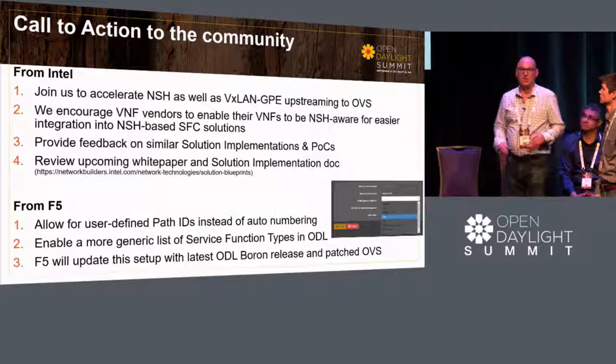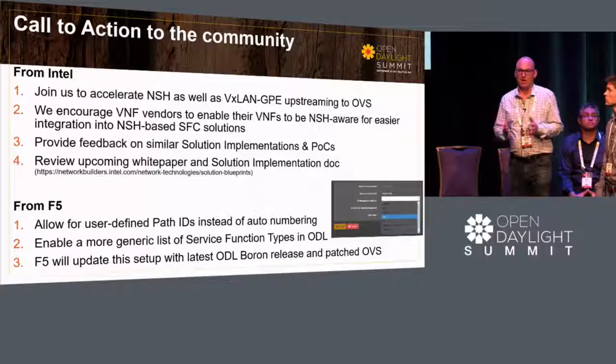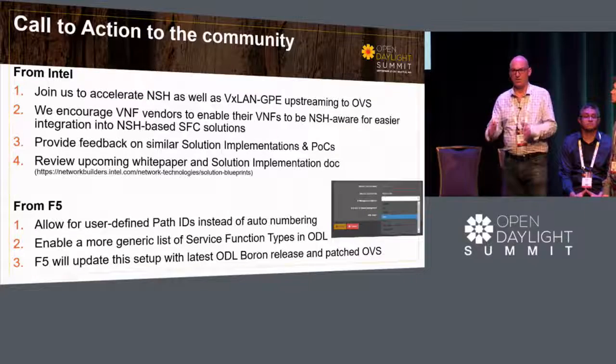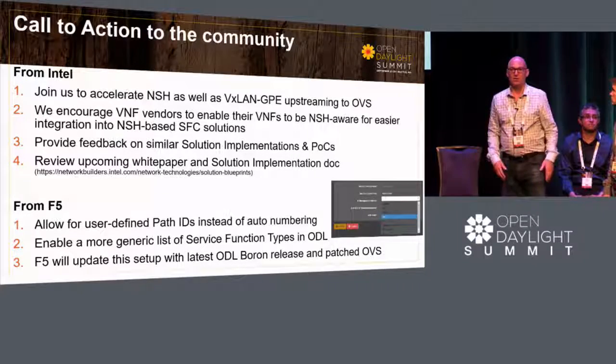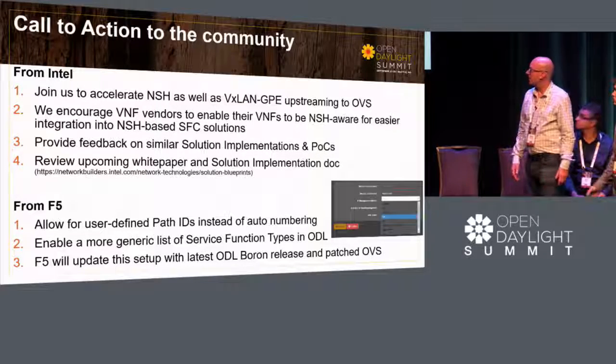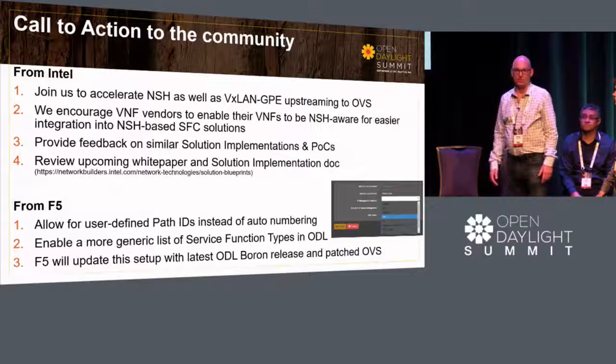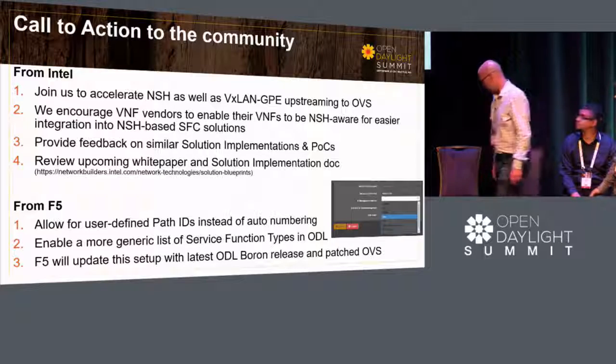The other one is enabling more generic implementation of VNFs, because not all VNFs fit into a firewall, a DPI, or something else. There's a large range of VNFs out there. And then F5 is going to continue to take a look at this with new technology, and implement it with the newer Boron release.